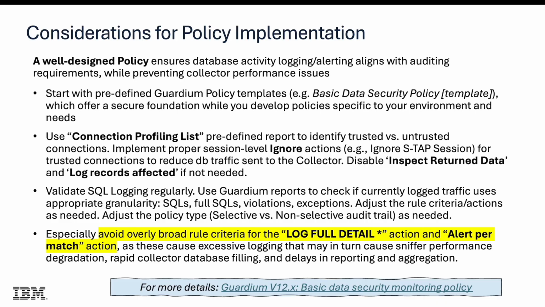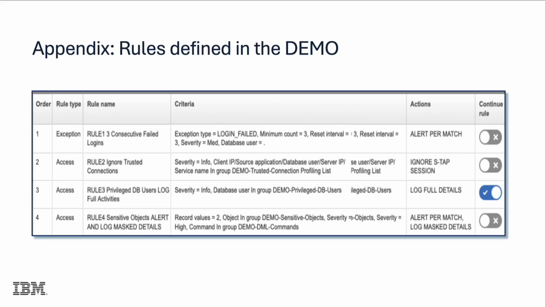So my ask is, please review your audit reports regularly and tune your policy rules as needed. That way, you make sure you are not missing important audit data and also not logging a large volume of unnecessary traffic. That's it. In the appendix, I've attached the screenshot of the rules I created for the demo.